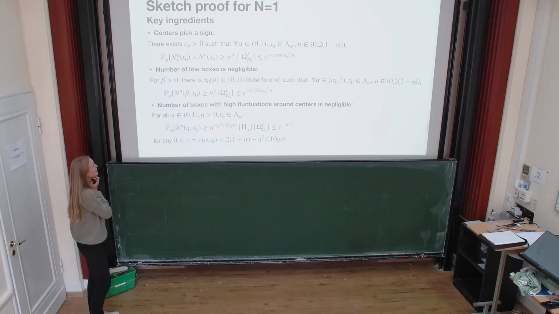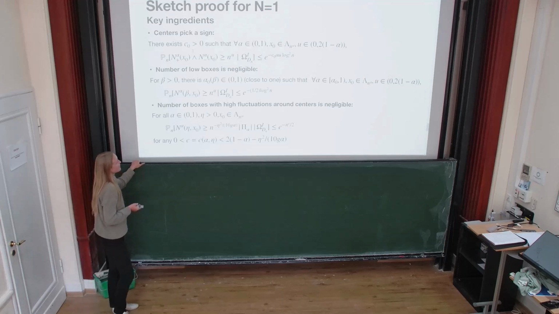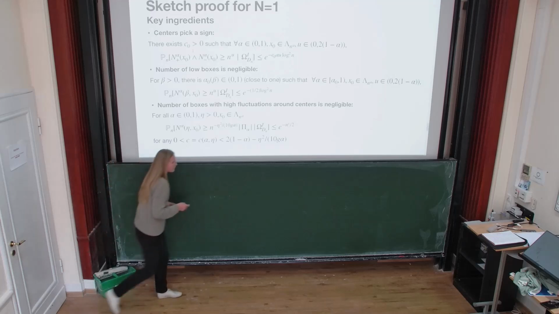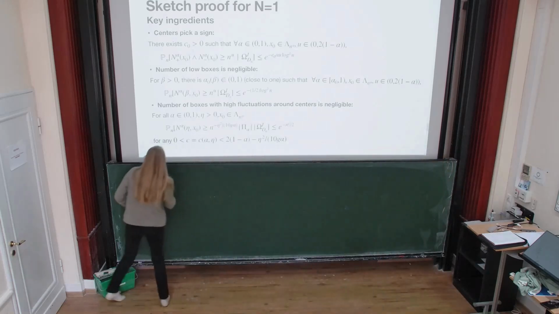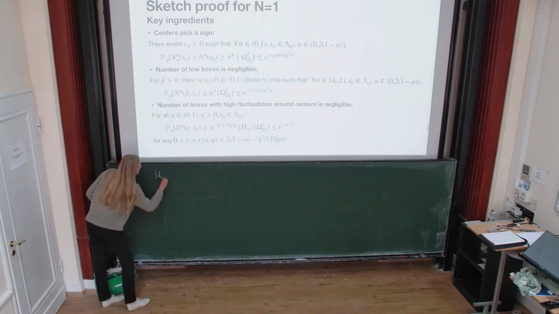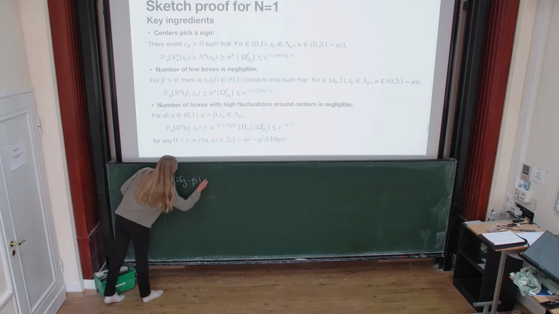What we want to show is that the number of these boxes where the harmonic function at the center is of strictly smaller size than a constant times 2 square root of g log n is small. So depending on this beta, and beta was, so we were looking at, this is the parameter beta.